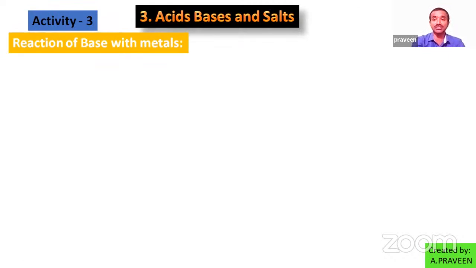So what is the base here? We are selecting a strong base, NaOH, and the same metal piece, zinc. So what is our aim? To observe the reaction of bases with metals. So what are the materials required here to understand this?